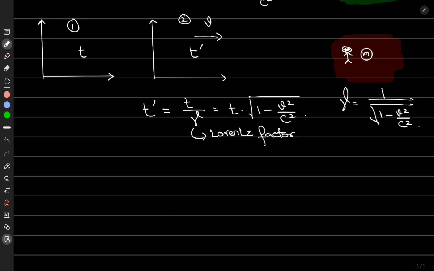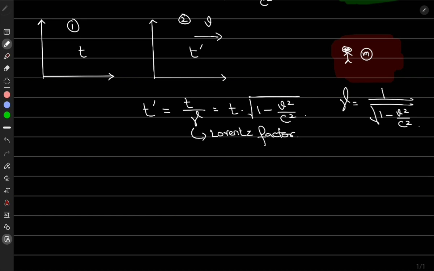So let's say that the two reference frames are aligned along the x-axis and the moving frame is moving in the positive x direction relative to the stationary frame. Let's also say that the two frames are synchronized at time t equals 0. So when time t is equal to 0, both of them are at the same position. When the moving frame passes the stationary frame, that's when the time t is equal to 0. So when they're on top of each other, t is equal to 0.